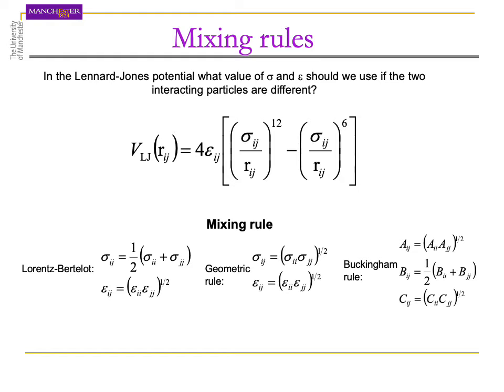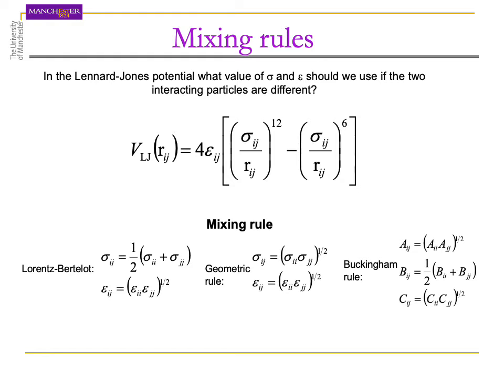The answer is yes. You should have different sigma and epsilon describing the interaction between different atoms. However, the good news is that you can derive the new value of sigma and epsilon directly from the ones that you already have, the ones for the pure system, the system composed of atoms of the same type.